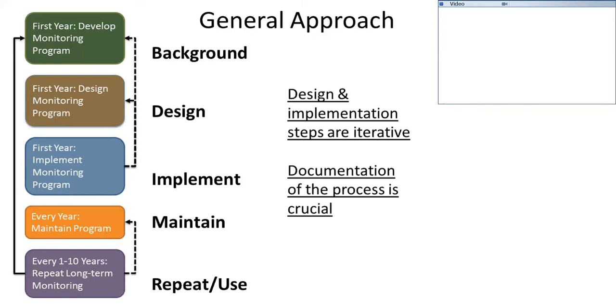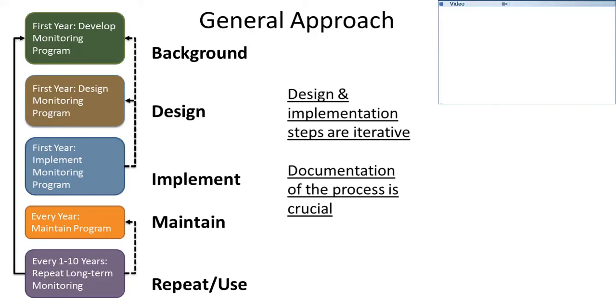There's a maintenance component for any monitoring program, and finally at the end we get to actually using the data. The arrows illustrate the fact that we're often going back to earlier parts in the process to change things or revise them as we need to.